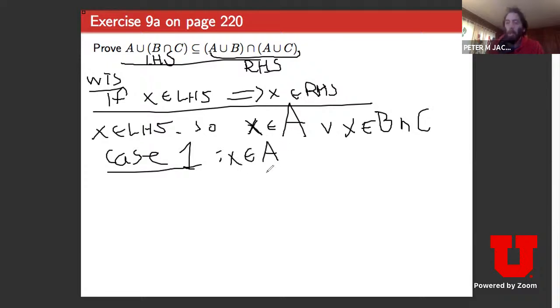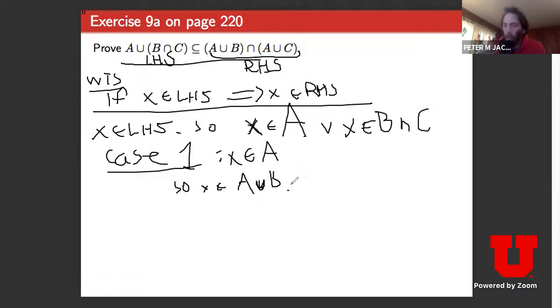Okay. So if X is in A, well, then X is in A union B. So I guess you could say I'm skipping a step right now. I might really say, well, X is in A or X is in B, because X is in A, and therefore X is in A union B. So that's the reasoning.